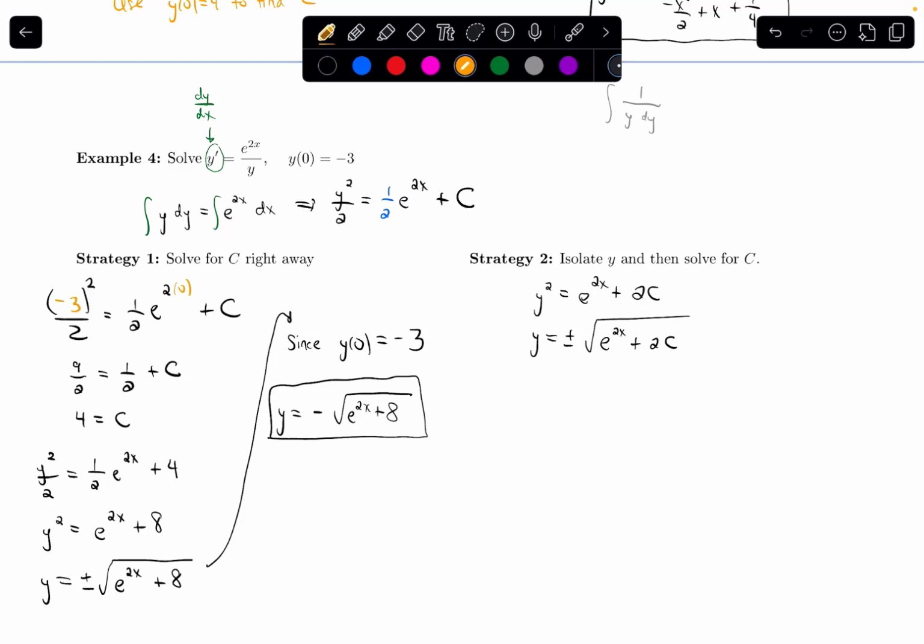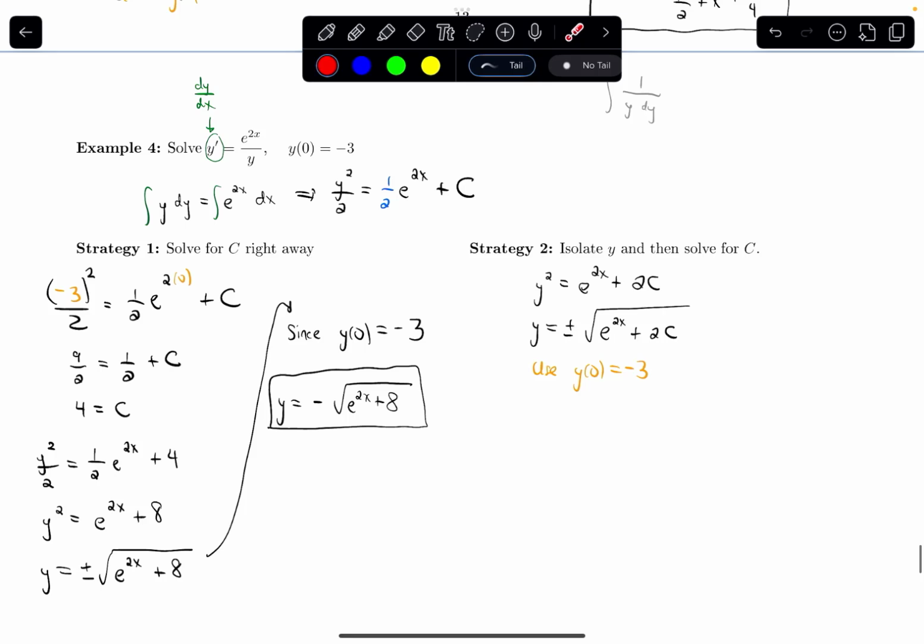Next, let's use that initial condition, the fact that y of 0 equals negative 3. If I plug that in, I get negative 3 on the left equals, and I'll think about if it's a plus or minus, the square root of e to the 0 plus 2c.